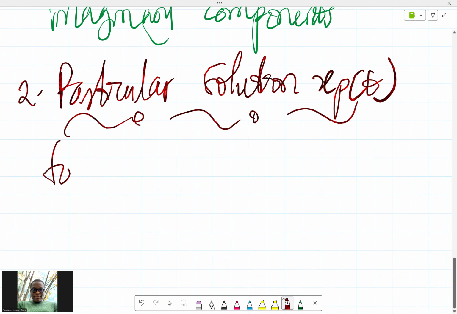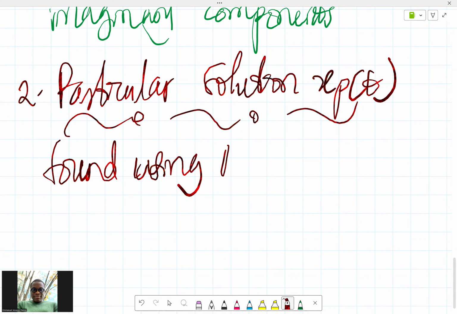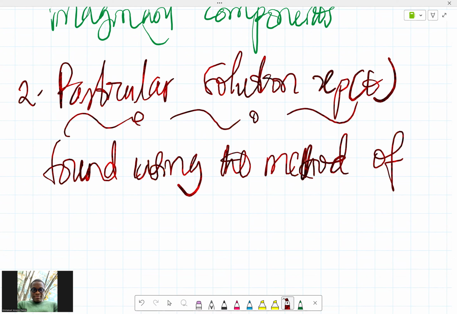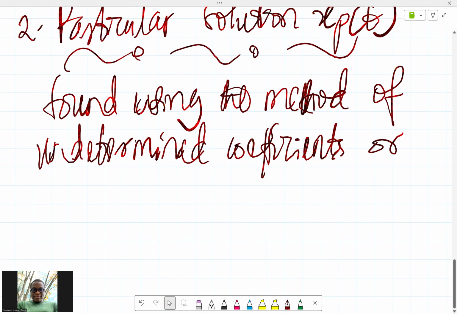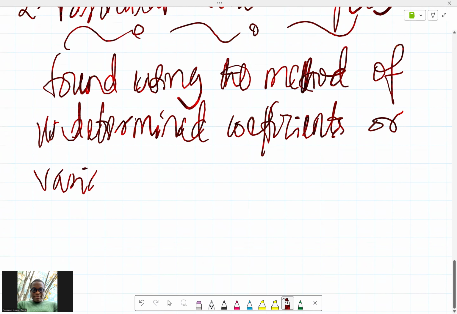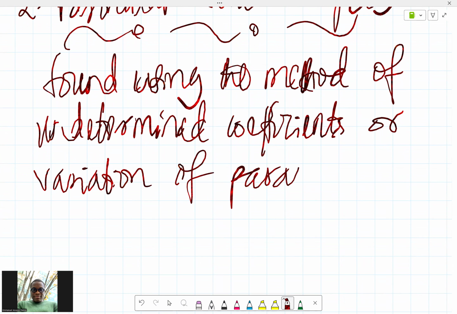This can be found using the method of undetermined coefficients, like what we already saw. We can even use variation of parameters, of course, that will be considered in the next video. So here we'll be using the method of undetermined coefficients.